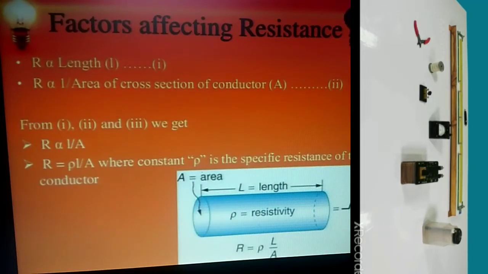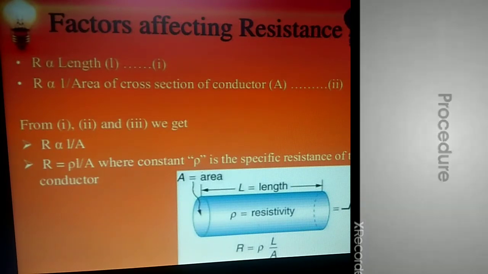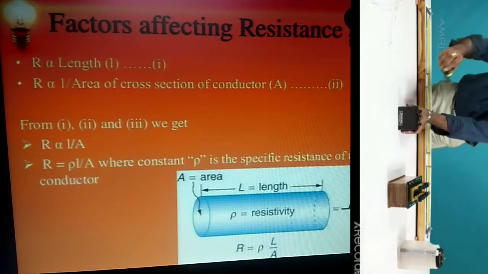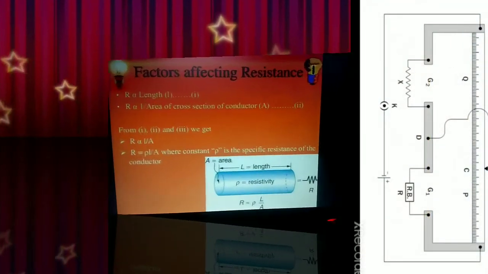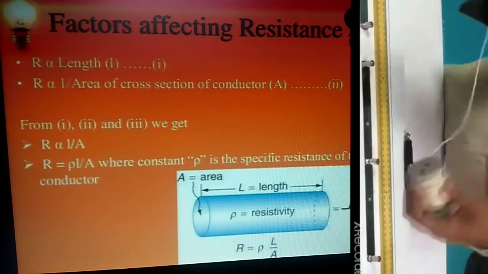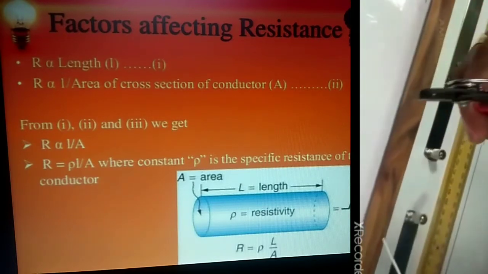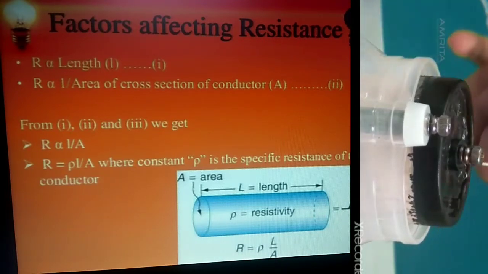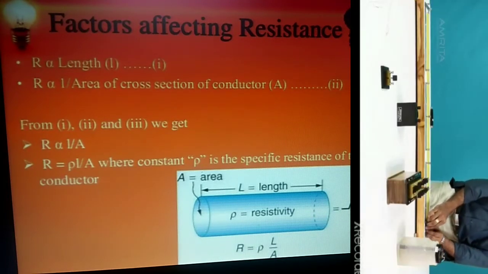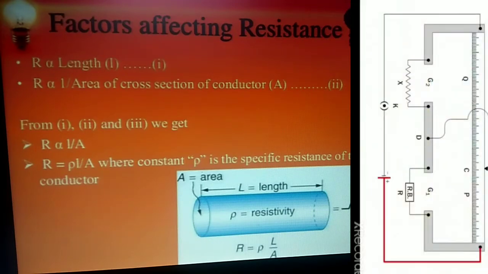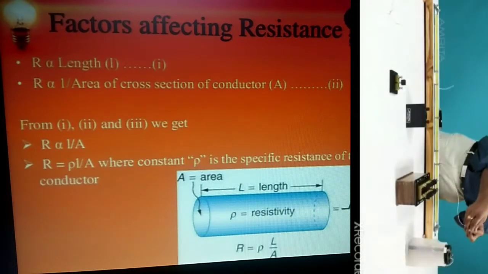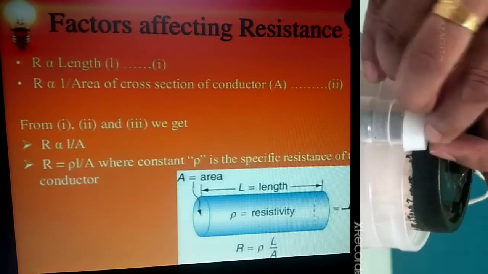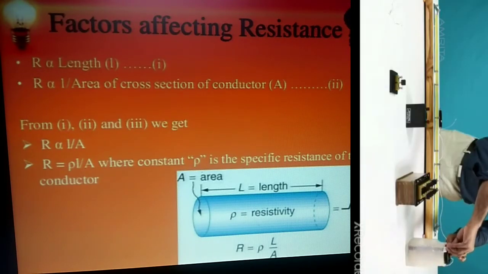What are the factors affecting resistance? The factors affecting resistance are the length of the conductor, the area of cross section of the conductor, the material with which it is made up of, and the temperature.